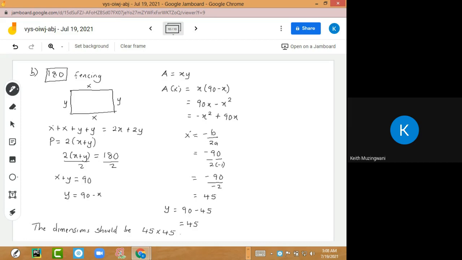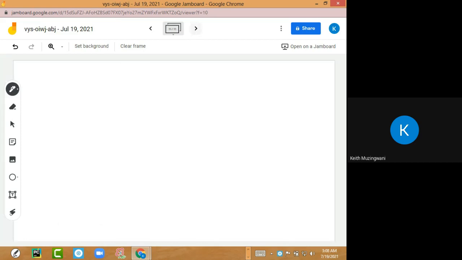So let's go to question 8. Question 8, suppose that the equation p(x) is equal to negative 2x squared plus 280x minus 1000, where x represents the number of items sold.